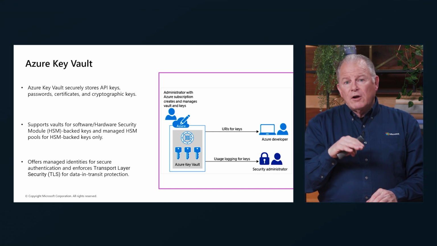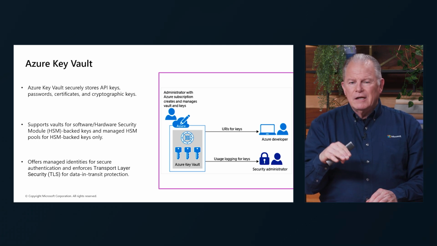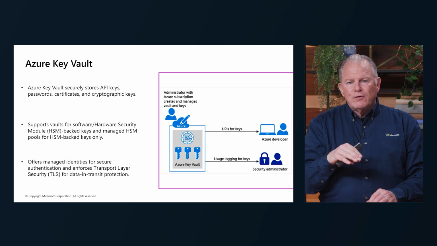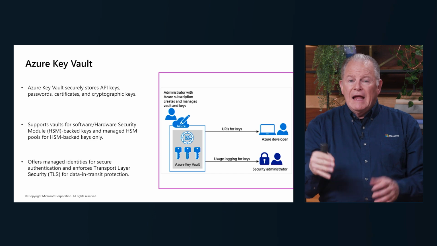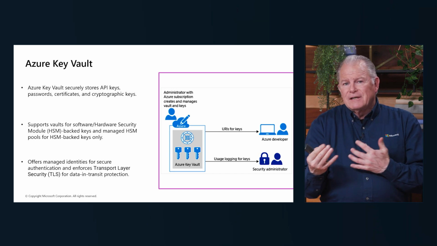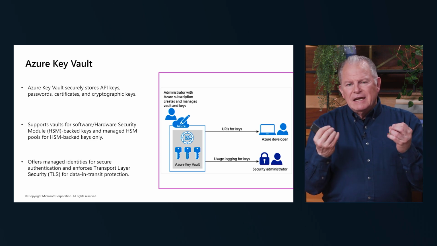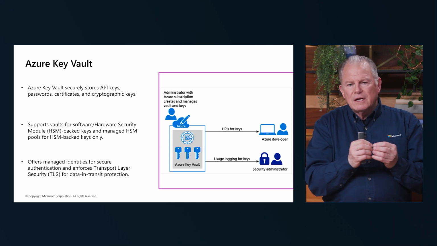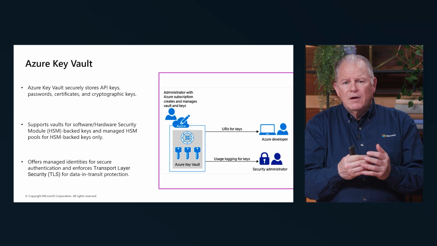If a person was trying to compromise the key vault, they would literally have to find which data center in which region that information is stored. They would then have to find which server that information was on, and they'd have to steal the entire server, because if they were to do this remotely by trying to access the keys, if they didn't have the hardware security module connected to the key and its use, it's not going to be usable.